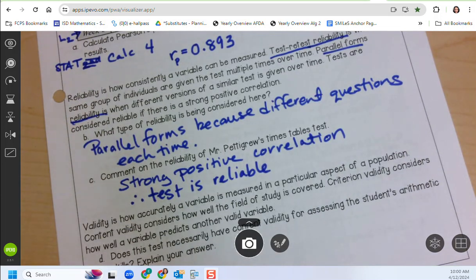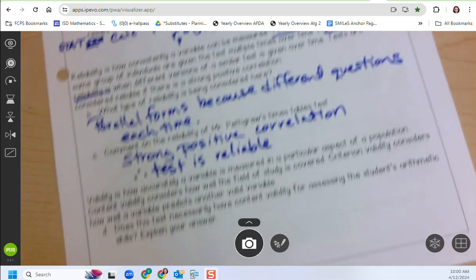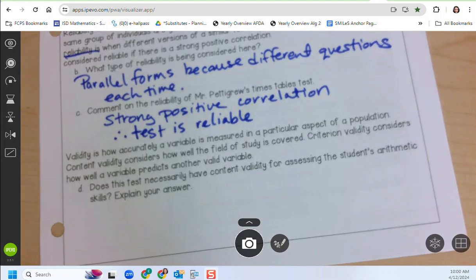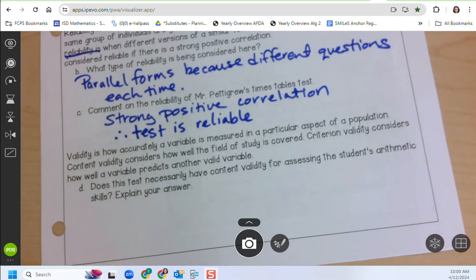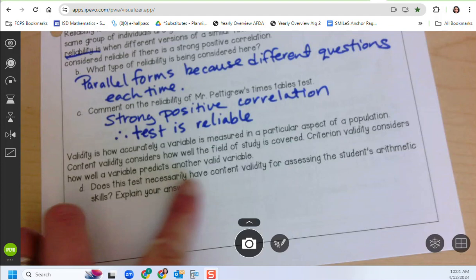All right, I found this next part a little bit murky, but we're going to try to get something out of it. Validity is how accurately a variable is measured in a particular aspect of a population. Content validity considers how well the field of study is covered. So if we think of the field of study as elementary mathematics, then we can consider whether this test has content validity.